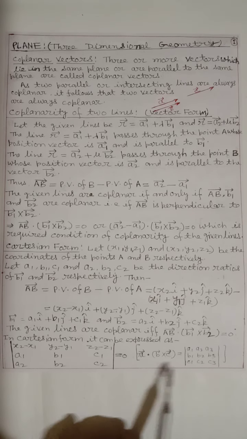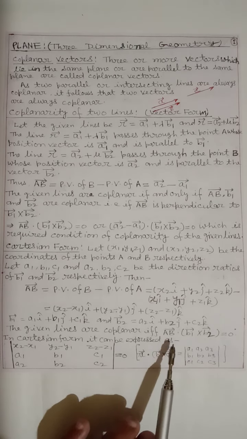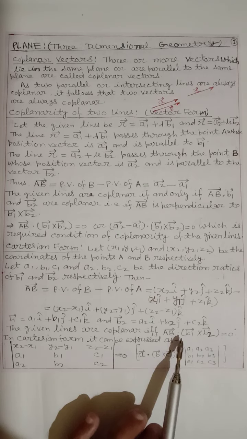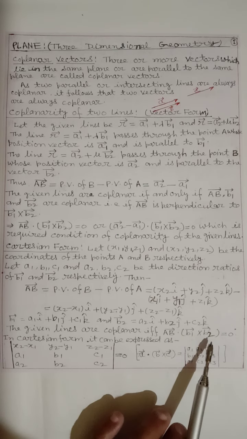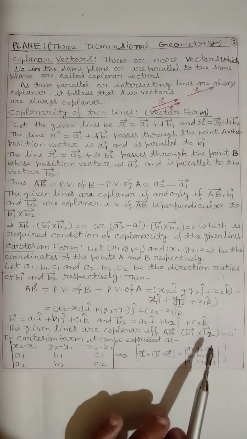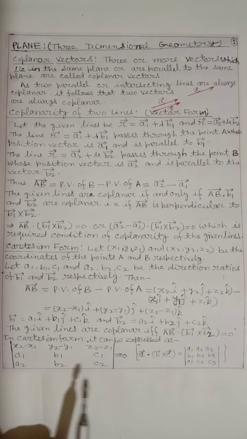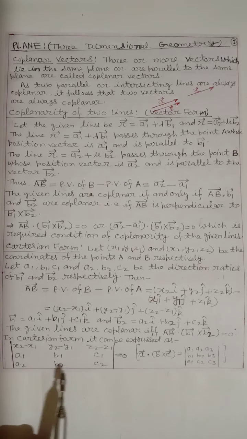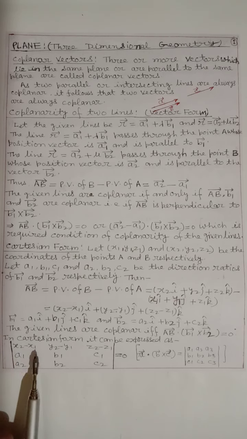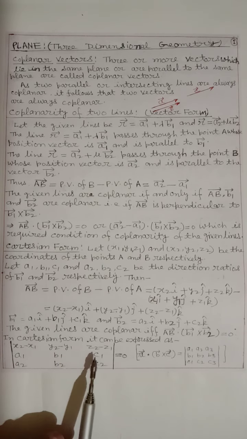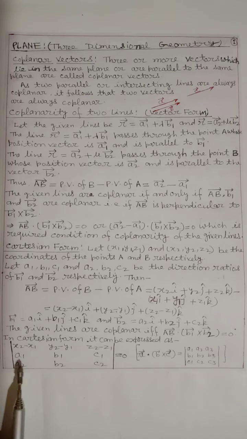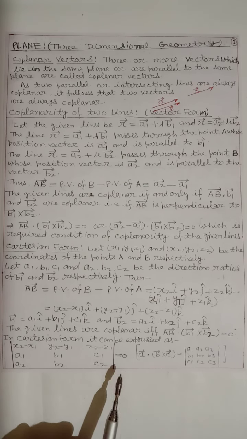So using this concept here, vector AB dot vector b1 cross vector b2 equal to 0 can be expressed in determinant form as determinant x2 minus x1, y2 minus y1, z2 minus z1, a1 b1 c1, a2 b2 c2 equal to 0.